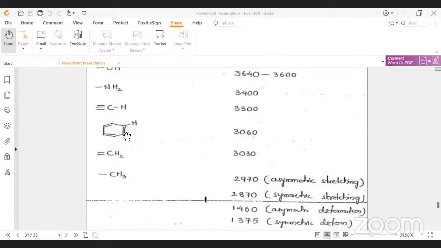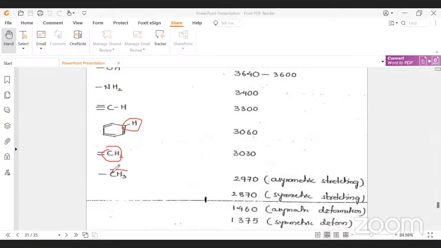If the carbon-hydrogen bond here is a carbon double bond CH, if the molecule has this type of bond, the peak will appear at 3060, or for carbon double bond CH2 molecules, the peak will appear at 3030.